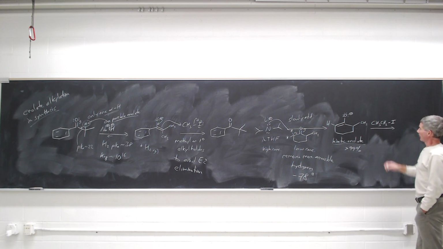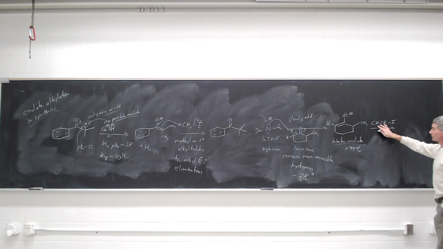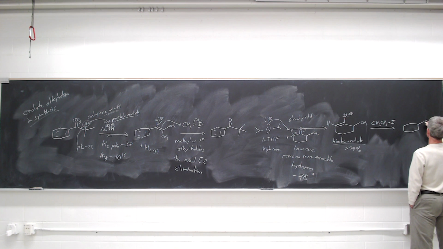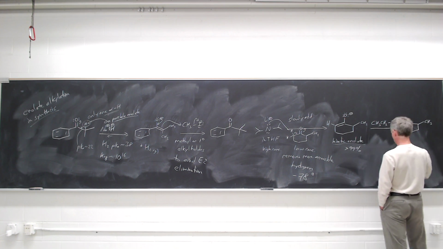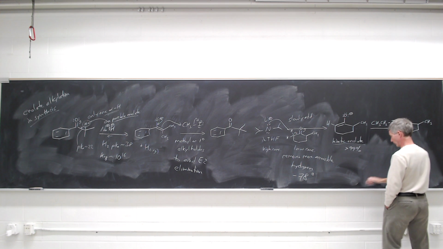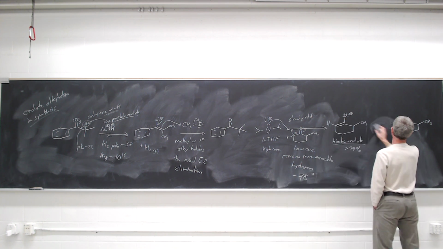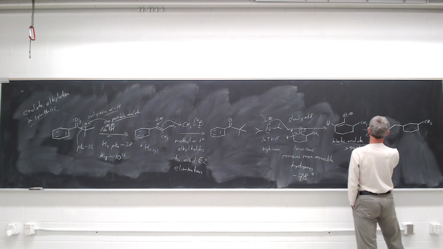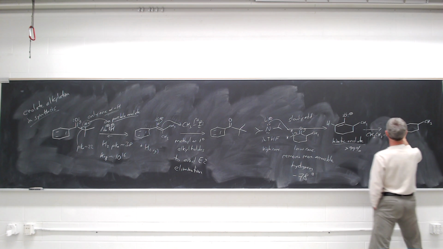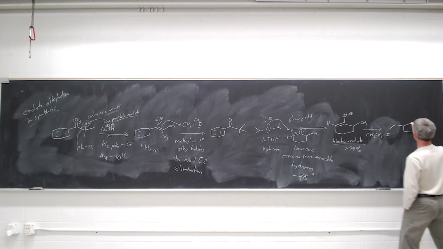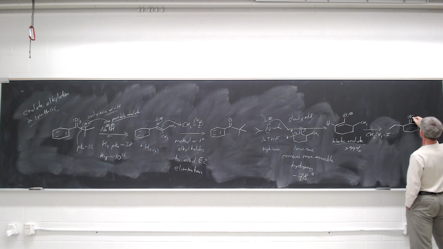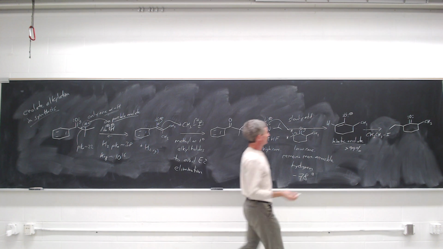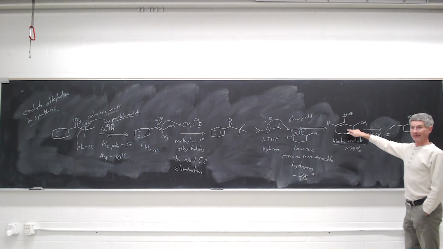We want to make sure that once the enolate reacts with this to form a product, again, it's an SN2 reaction, so we get our methyl group. We want to make sure that that product isn't likely to run into more enolate.